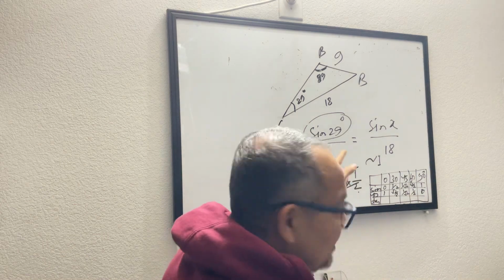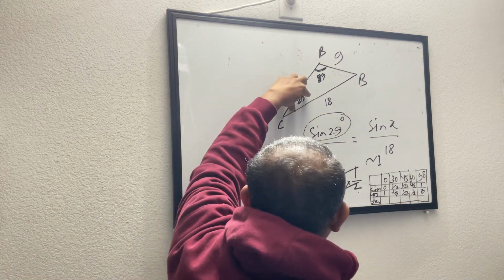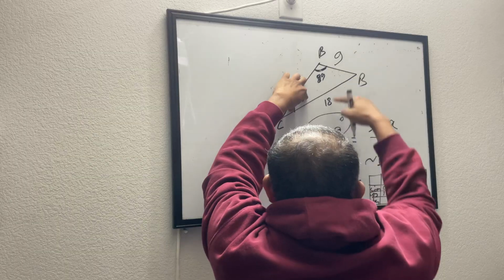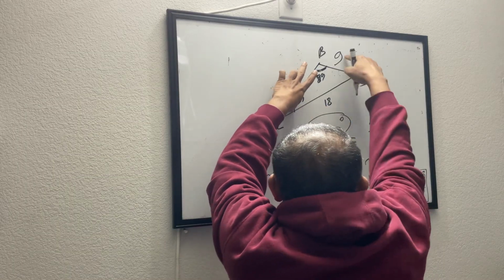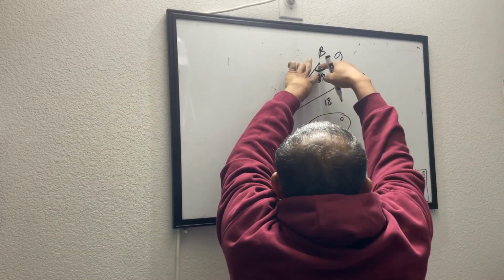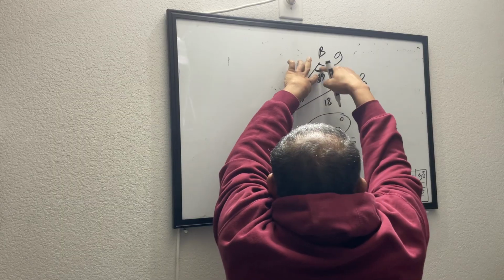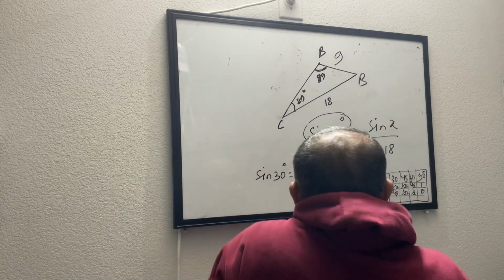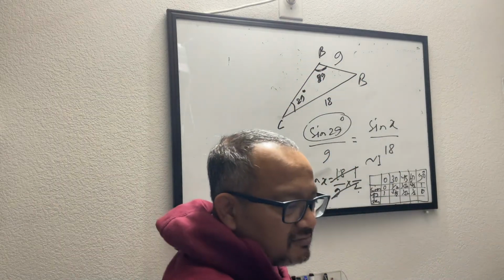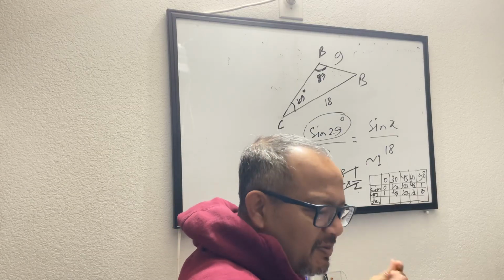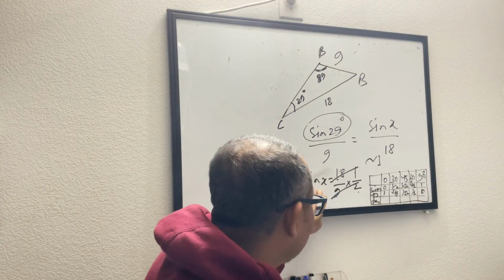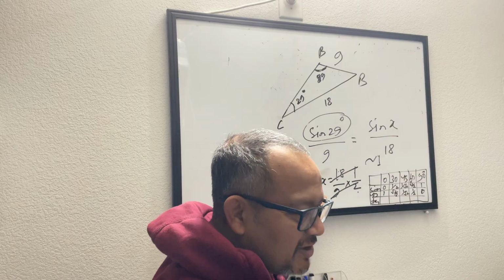You have to apply sine. The obvious response would be that the angle opposite to 18 will be just double, 29 times 2, 58, or maybe 59, but that is not the thing. It is closer to 90.